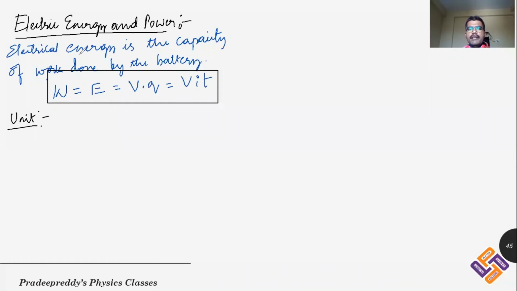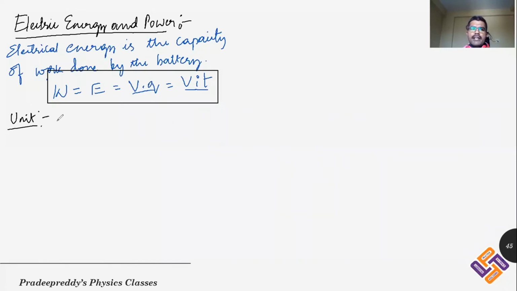Students, we already defined electrical energy. Electrical energy is the capacity of work done by the battery. So work done is equal to energy stored, and that work done is equal to V into Q, where Q is equal to IT. You can write work done W is equal to VIT.